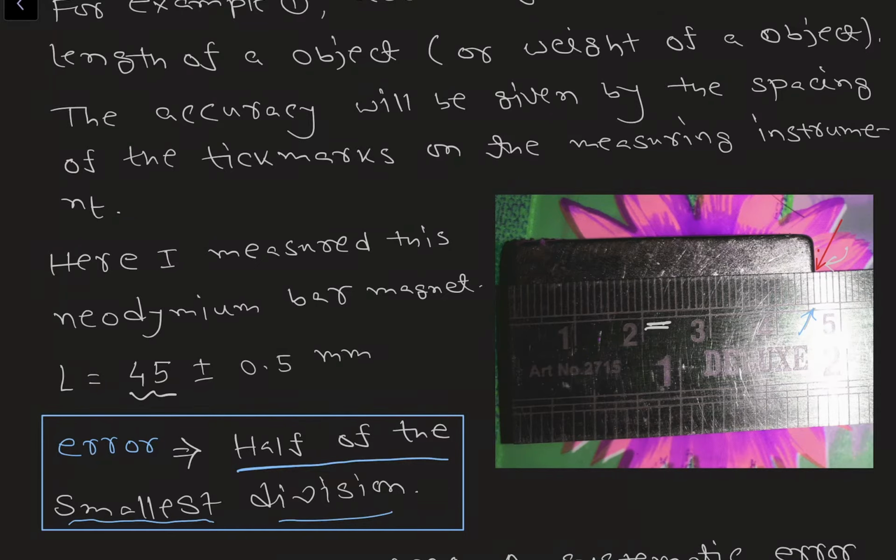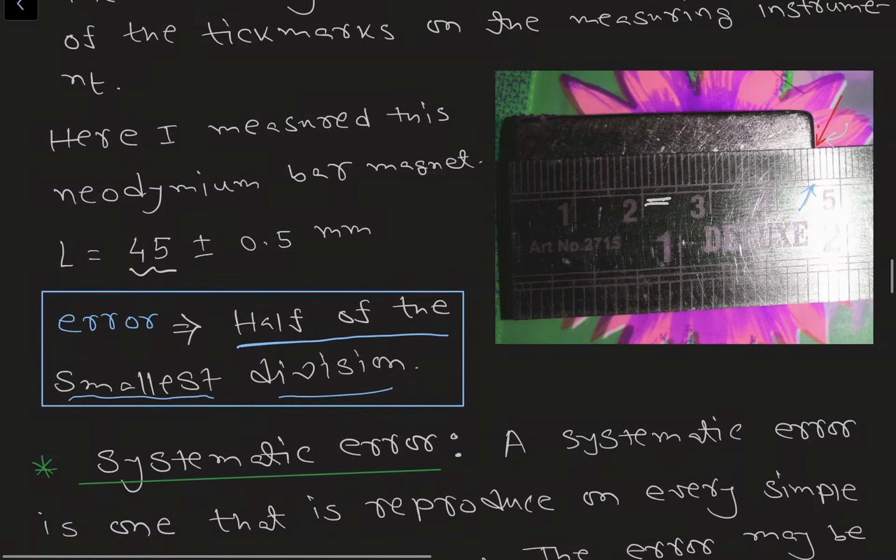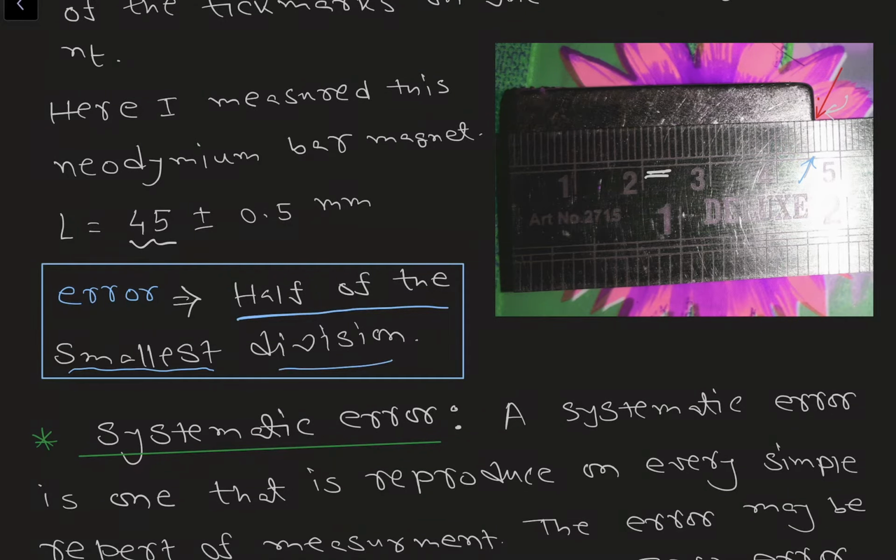That is how we define instrumental error, because here repeated measurement will not help. We can take 2 or 3 careful measurements, which will be enough. Then we put an error bar given by half of the smallest division.